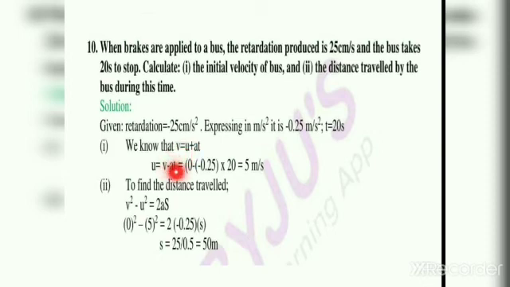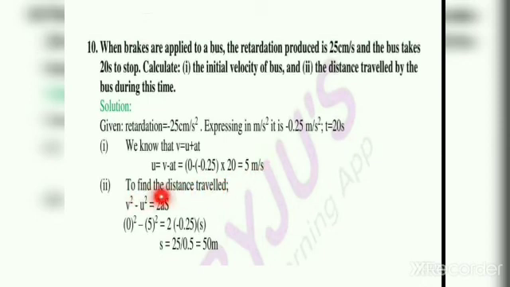You know that v is 0, and in the bracket you write minus 0.25, since a is the retardation, that is 0.25. So minus 0.25 into t, which is 20. So you get minus 0.25 into 20.